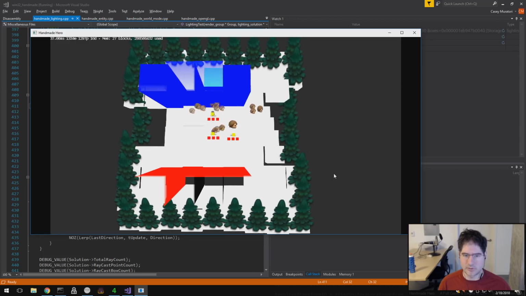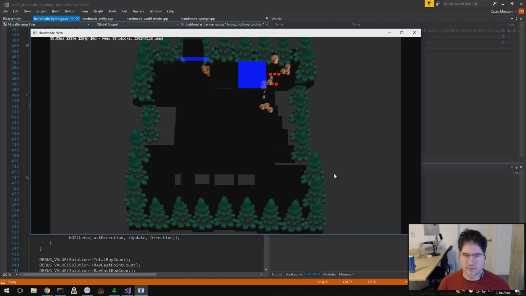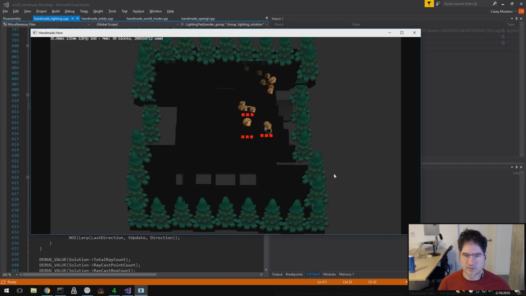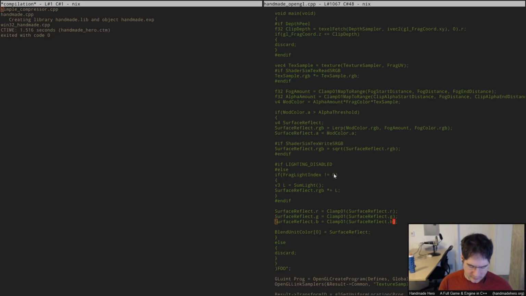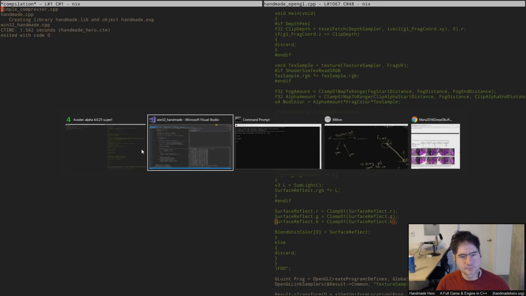Which may have been why the whole thing turned black before, I'm not sure. No, it's not. Must have just overflowed in some other weird way. All right, so I'm just going to leave that in there because I want to make sure that that's something that, yeah, can overflow if it wants to.